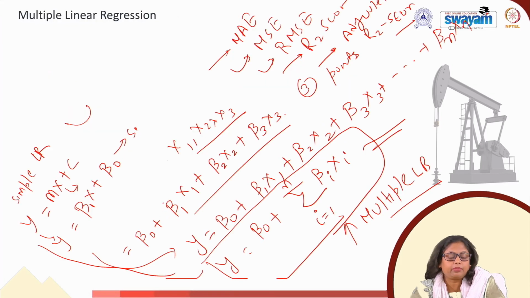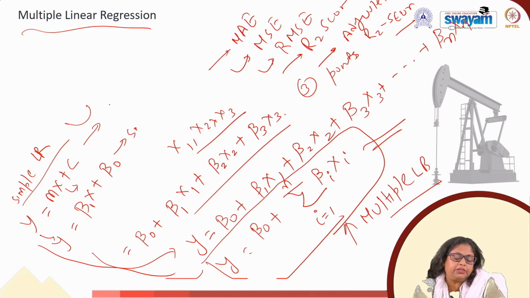I stopped here in the last class, where in simple linear regression we use the least square method to find the best fit line, and we derived the equation for m and c.